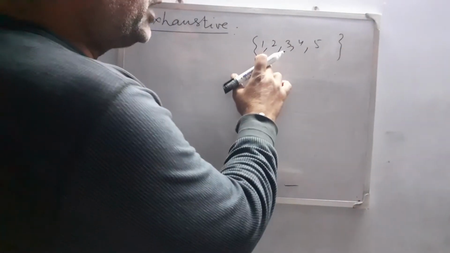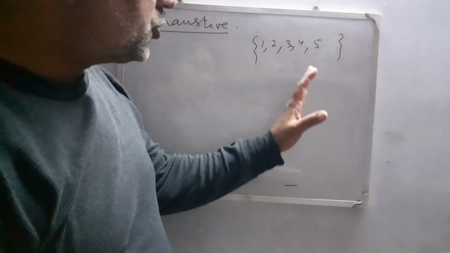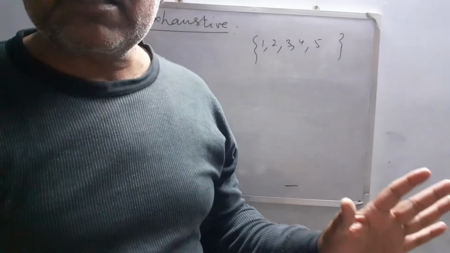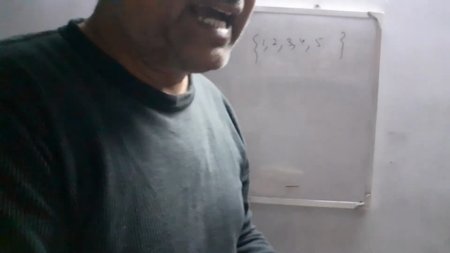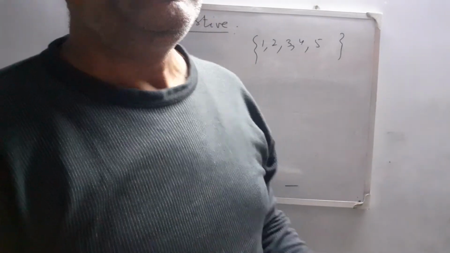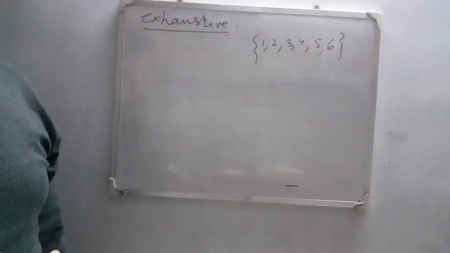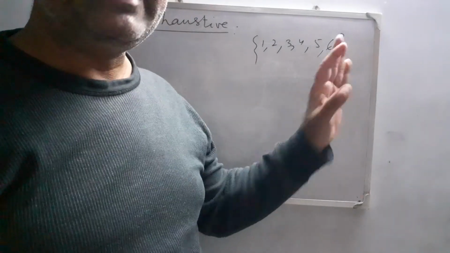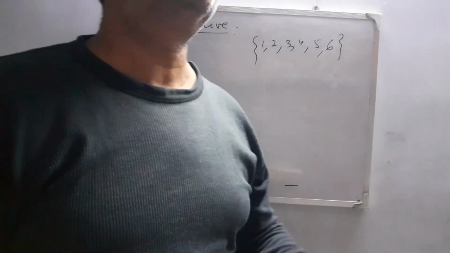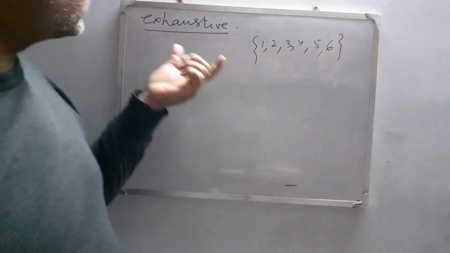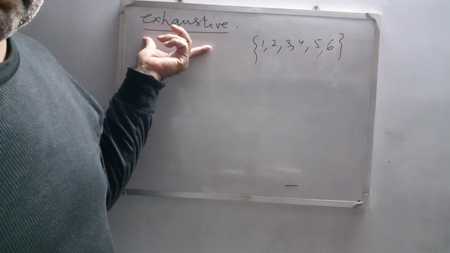But if we omit 6, then 1 to 5 is not a set of exhaustive events when a perfect dice is thrown, because it may happen that 6 will appear, and that 6 is not included in the picture. So this set of events is exhaustive if we include 6 also. Out of these 6 events, any one will appear if you throw a perfect dice. So this is the meaning of exhaustive events.